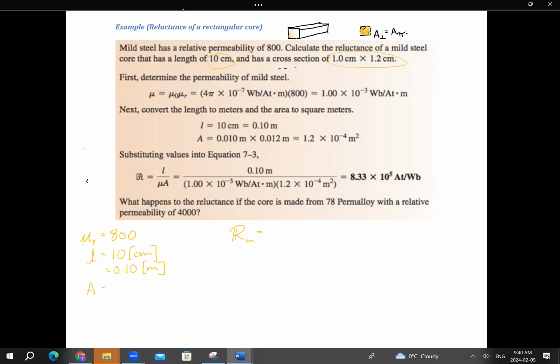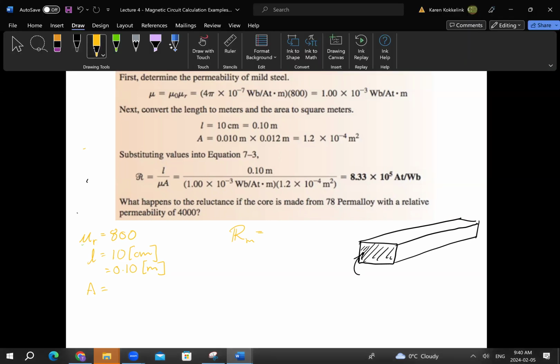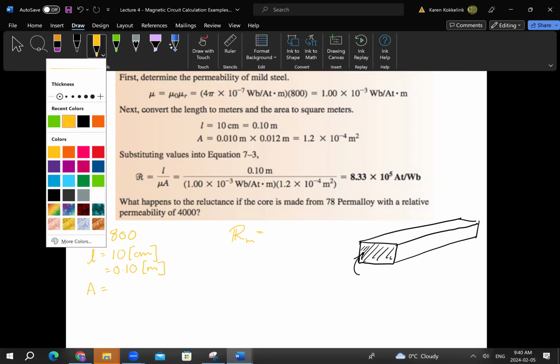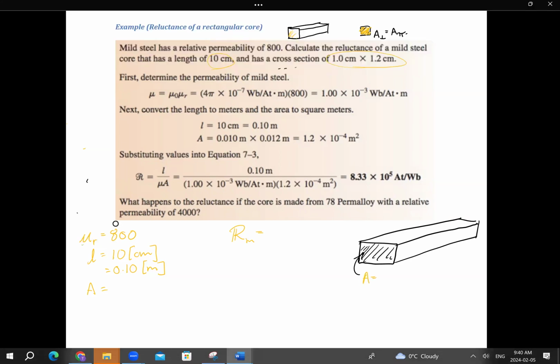So area equals, let's just draw it first so that we know what we're looking at. If this is what it looks like, I'm going to exaggerate it a little bit. It's rectangular, and it means that this cross-sectional area here is 0.01 meters by 0.012 meters, almost square, but not quite.